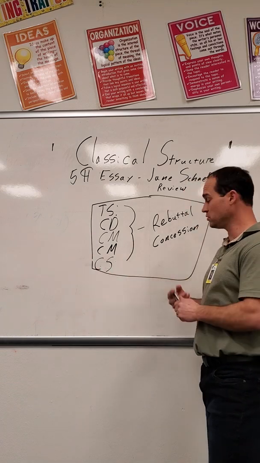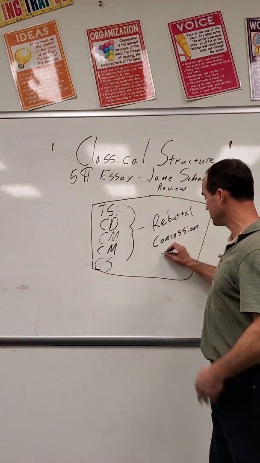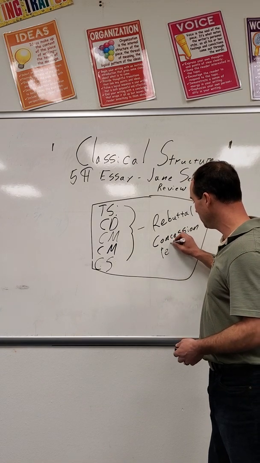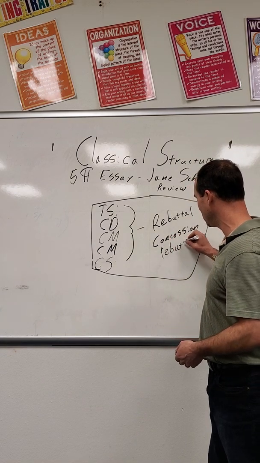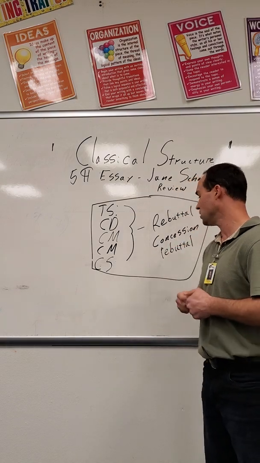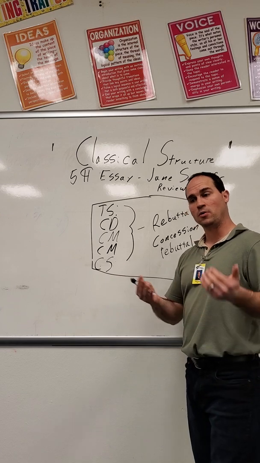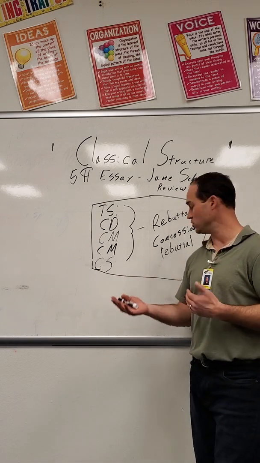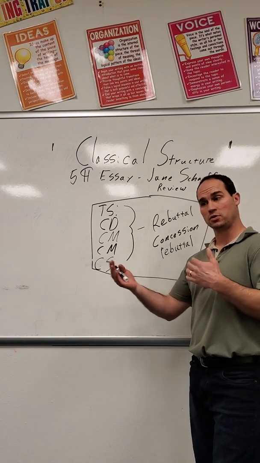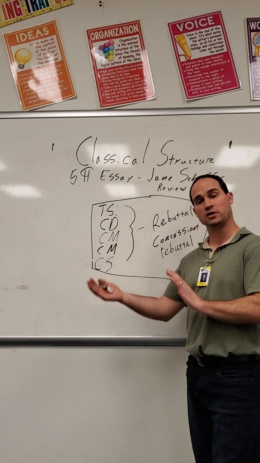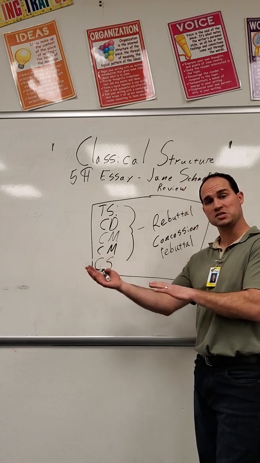But then the second part of that is where the actual rebuttal comes in. So a concession and a rebuttal of that concession. You're going to admit, okay, some people or some citizens, some students, what have you, may not agree with this angle of my argument, or may not agree with me here because of this.